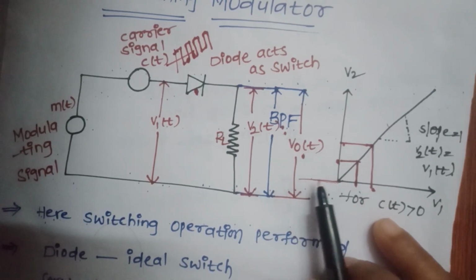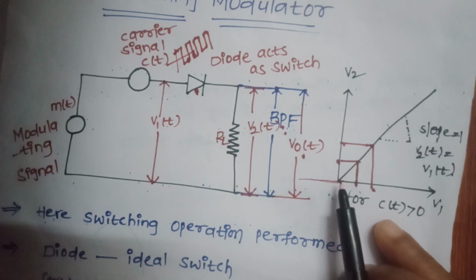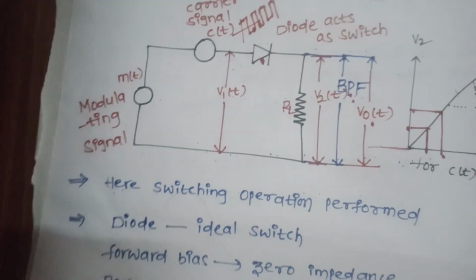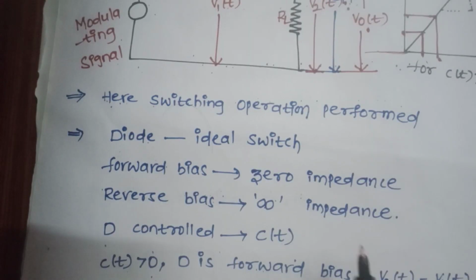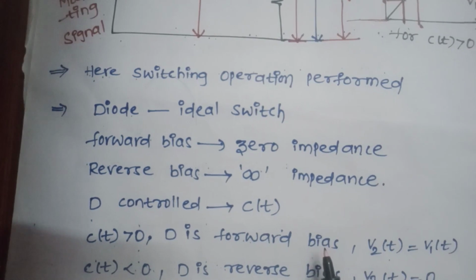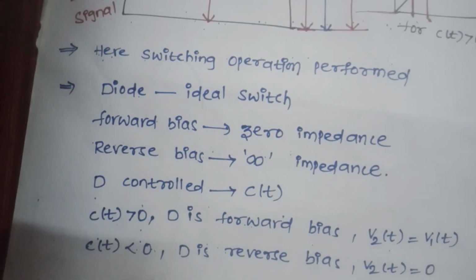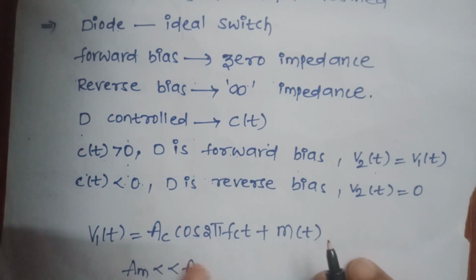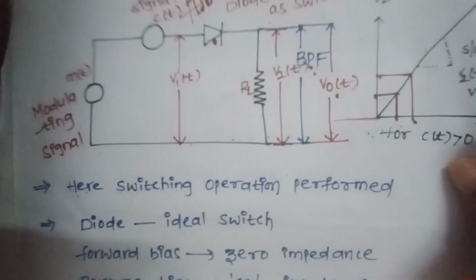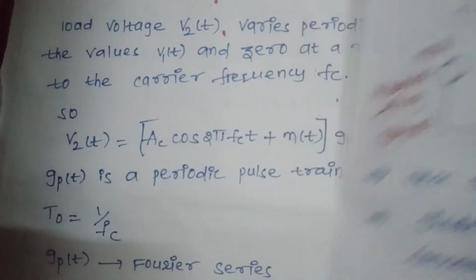When c(t) is greater than 0, the diode is forward biased and v2(t) equals v1(t). When c(t) is less than 0, the diode is reverse biased and v2(t) equals 0. And v1(t) equals m(t) plus c(t), that is Ac cos 2 pi fc t plus m(t), where the amplitude of the message signal is much less than the carrier signal amplitude.